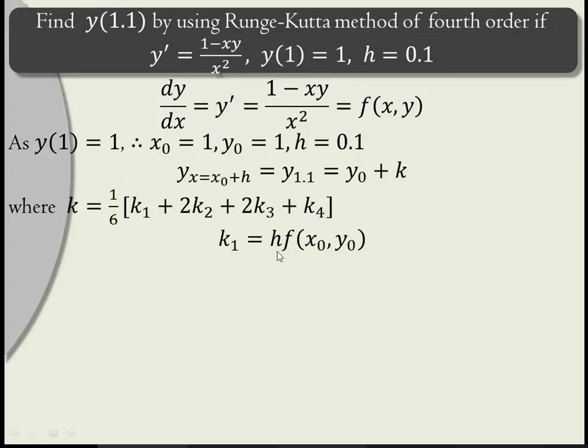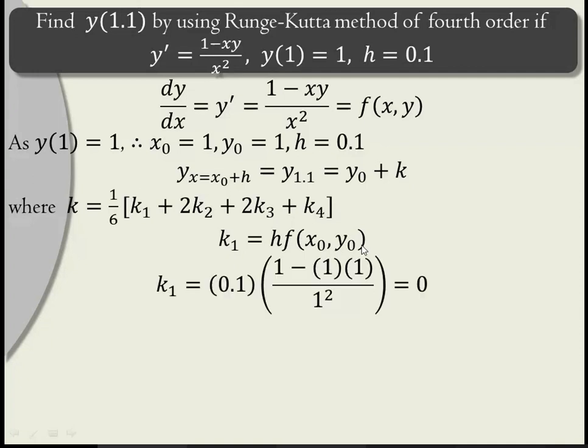We know h, x naught, y naught and the function, so put x naught as 1 and y naught as 1 into this function. It will be 0.1 into 1 minus 1 into 1 divided by 1 square, because both x naught and y naught are 1. 1 minus 1 is 0. So k1 comes out to be 0.